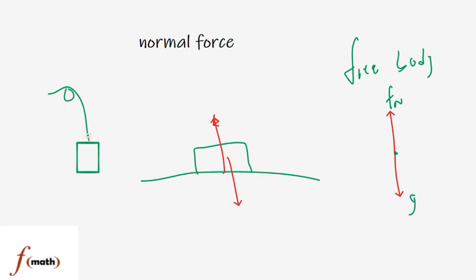If object A is suspended like this, you don't put your normal, because the normal force always works with a surface. G, the universal one, always works with the object.